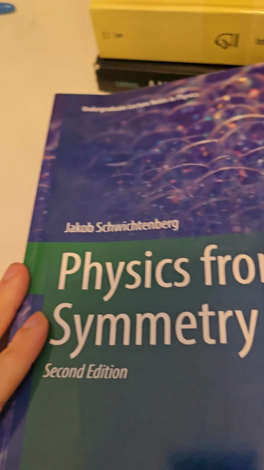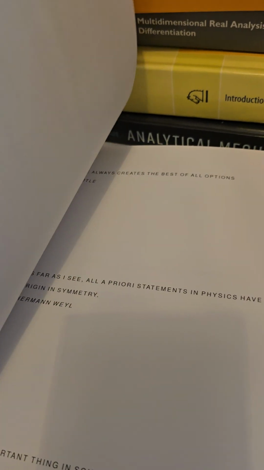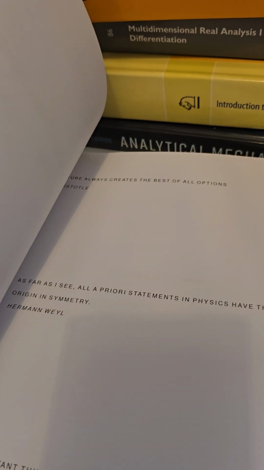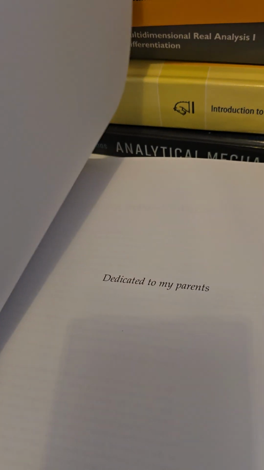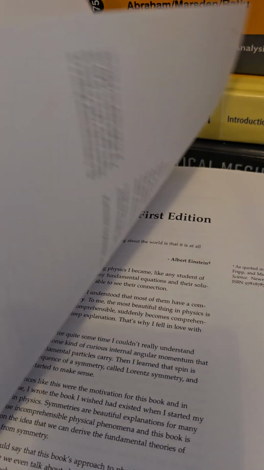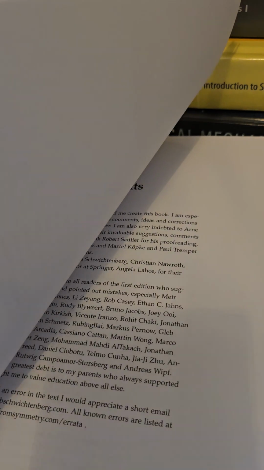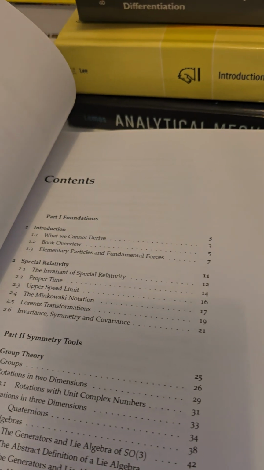Next we have Physics from Symmetry by Jakob Schwichtenberg. This is the 2nd edition. Now, Jakob Schwichtenberg was actually an undergrad when he wrote this book. So he wrote it in a way that was understandable for him, and many people actually found it useful.